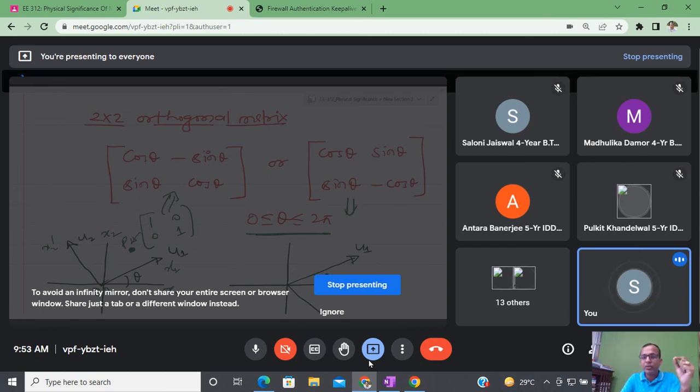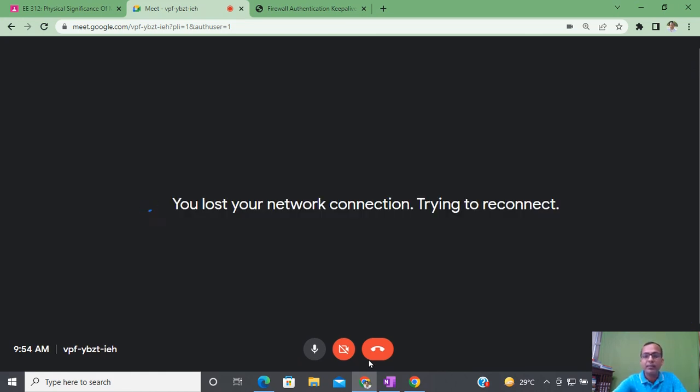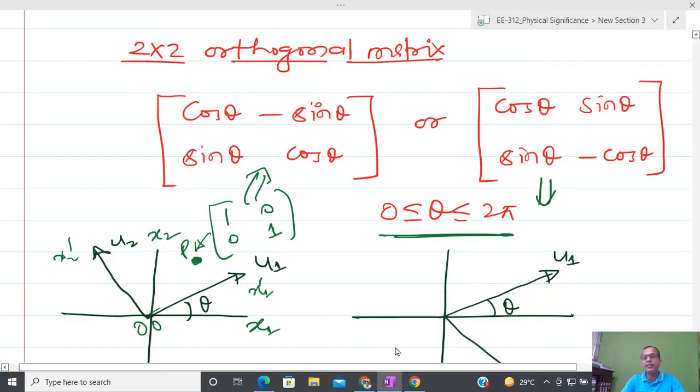Now suppose I have to define the orthogonal matrix. In order to define it, we have to make sure that each column is orthonormal.